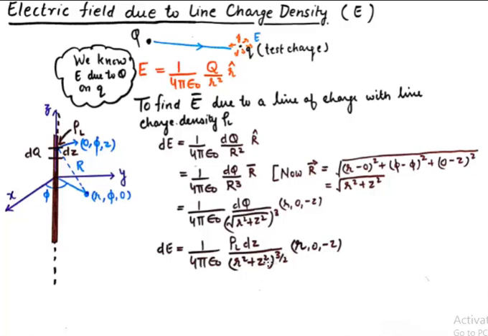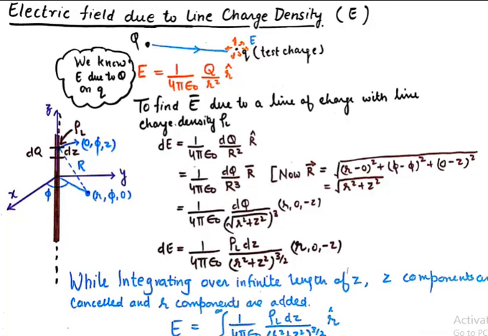And taking this under root out, I get a power of 3 by 2. So while integrating over the entire length of z, we know that the z components are going to be cancelled with each other, because if we divide a vector into its two constituent components, all the components in the z direction will get cancelled with each other, and the r components are added.